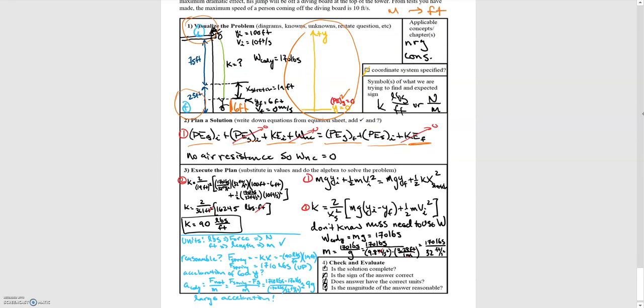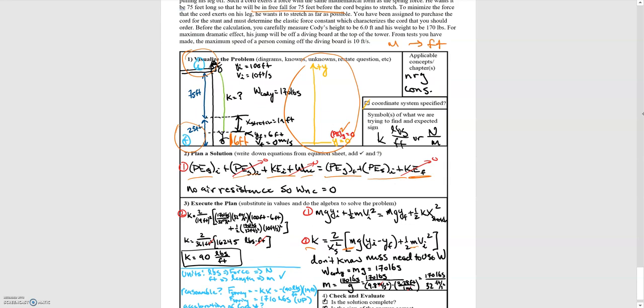I started with the energy equation, separated everything out, and solved for the spring constant because that's ultimately what we're looking for. We don't know the mass at this point, and we're going to need it for the gravitational potential energy and the kinetic energy. This is where the unit conversions come into play.